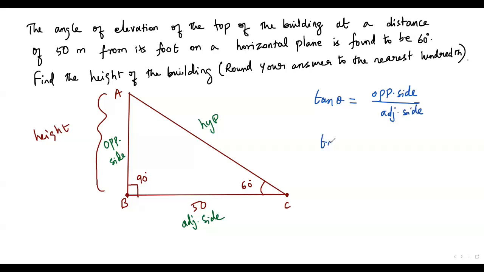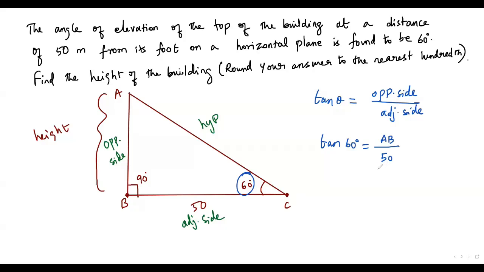Instead of theta, we have 60 degree angle measure, because considering this angle measure 60 degree, we named this side as opposite. So tangent 60 degree equals, for the opposite side I do not know the length, that is what I have to find. AB represents the opposite side, and BC represents the adjacent side, but we know the length of the adjacent side, that is 50, so we can plug in 50 for the adjacent side.